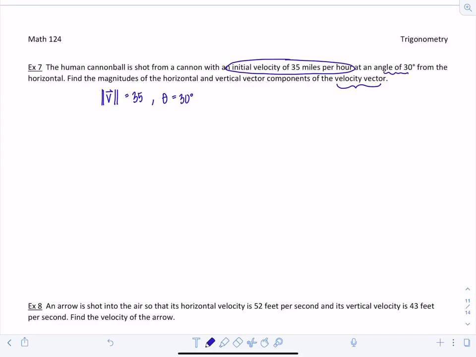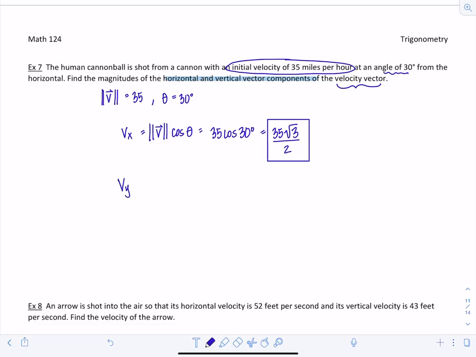And they want us to find the magnitudes of the horizontal and vertical vector components.